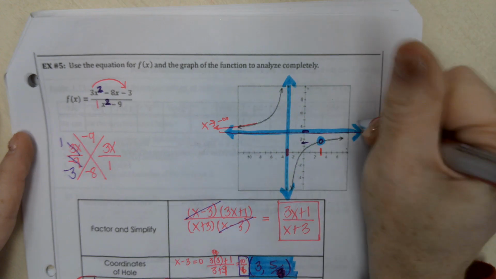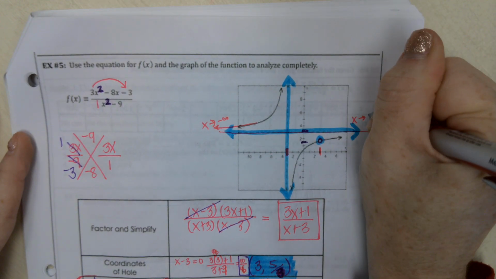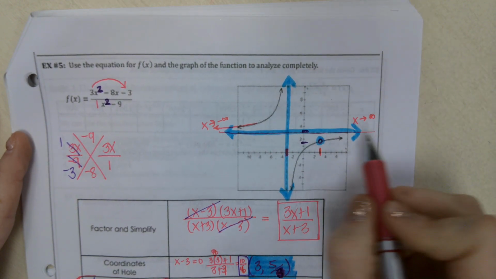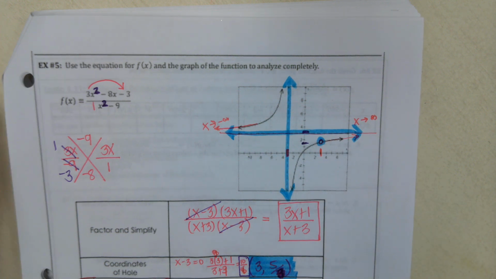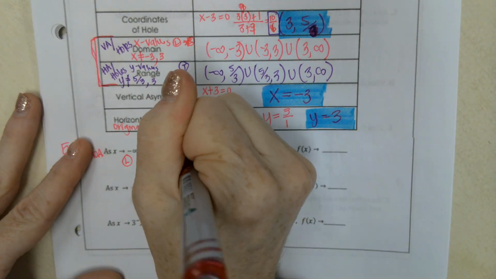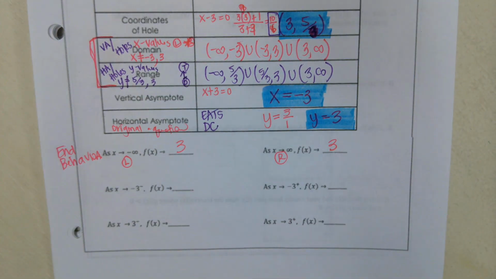And as x approaches positive infinity, it's also approaching 3. So y approaches 3, y approaches 3. Okay?